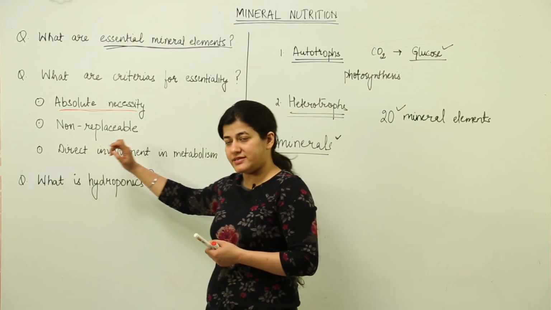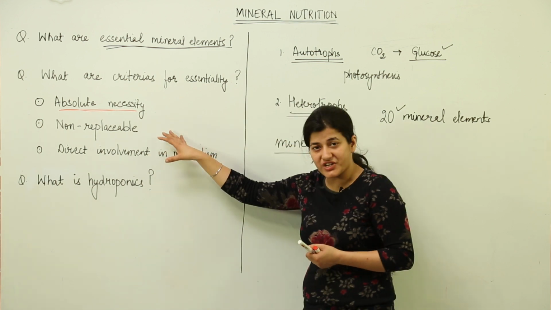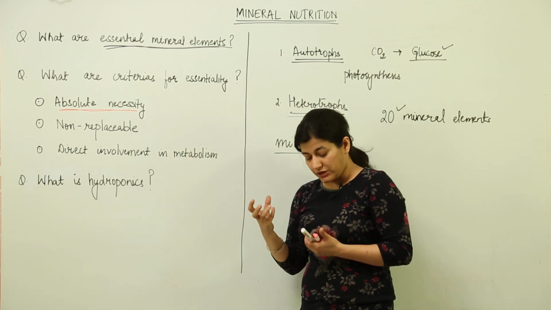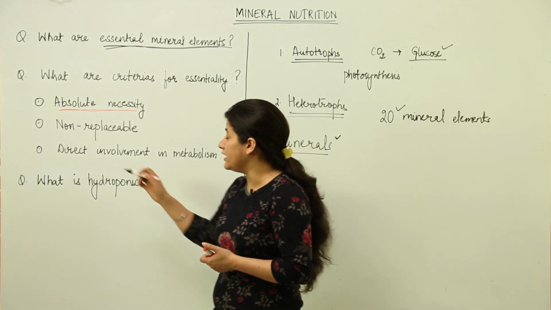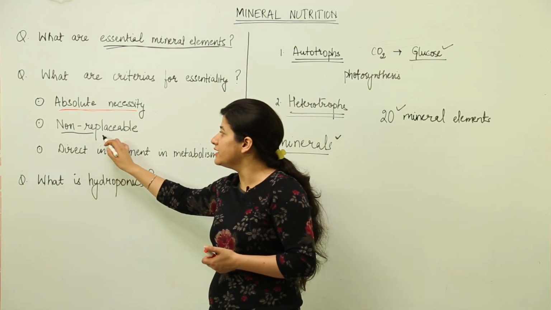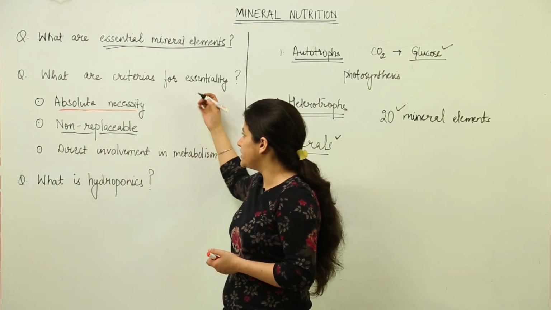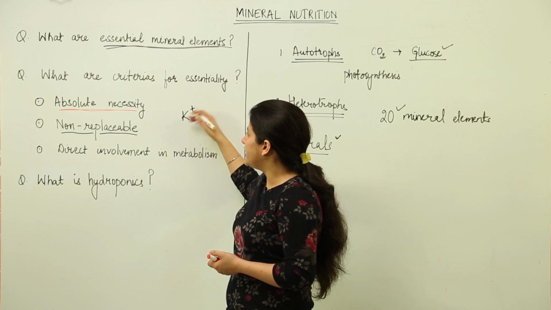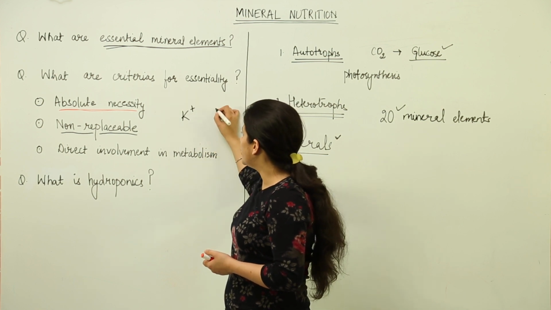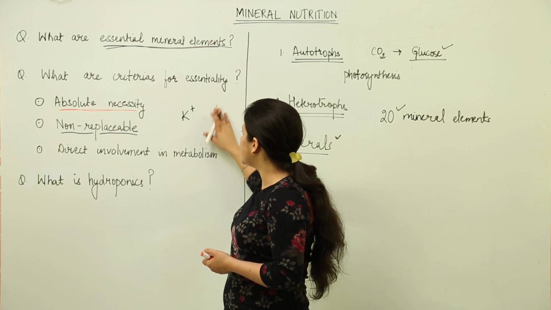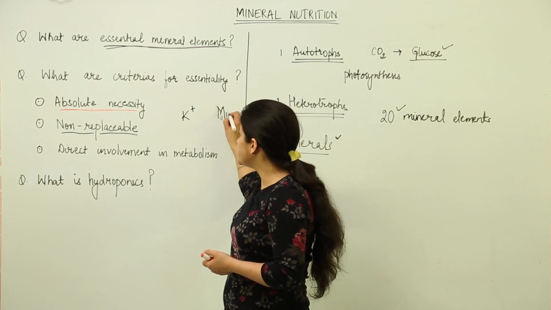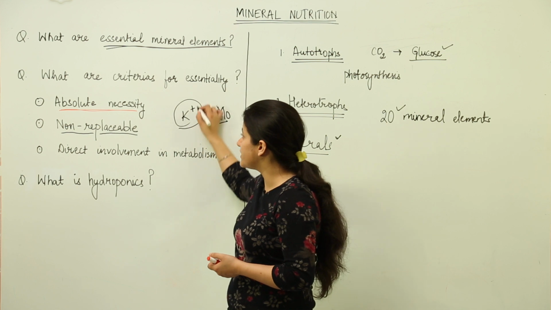Then it should be non-replaceable. As the point suggests, the mineral element which is taken into consideration, whatever role it is playing, cannot be replaced by another element. If I am taking potassium, and some other element, let's consider boron or molybdenum, comes into the scene, molybdenum cannot perform the function which potassium has to do.